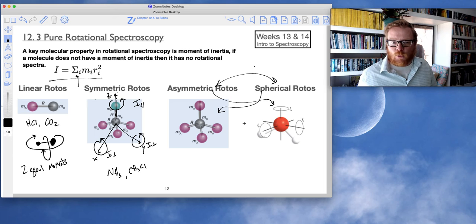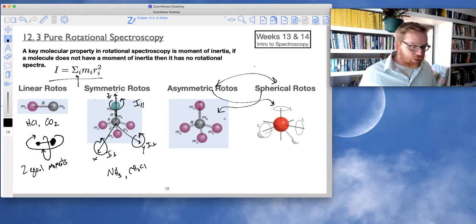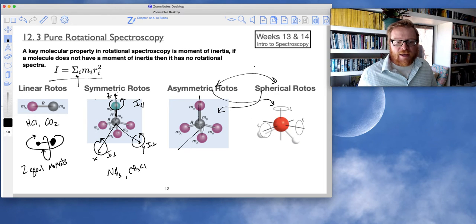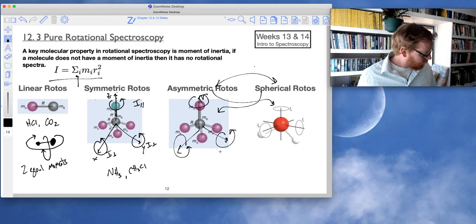The important thing to note with spherical rotors is that there are three equal moments of inertia. If I rotated about that axis, that axis, or that axis, those would all be the same.